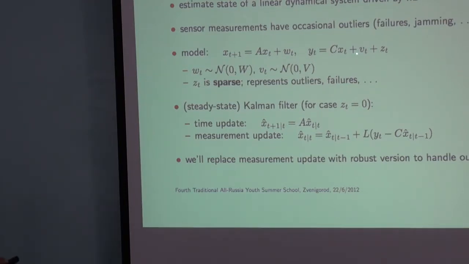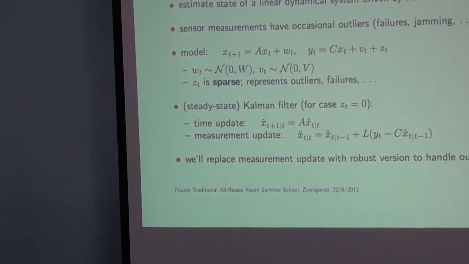Now, on the other hand, if this thing had a variance of like 1, and ZT was less than 1, it wouldn't hurt anybody, right? It could just as well have been the Gaussian noise, and the standard filtering will work perfectly. Everybody see what I'm saying? So if the sparse noise is small, it doesn't hurt. If the sparse noise is huge, it's completely obvious, and anybody could remove it.